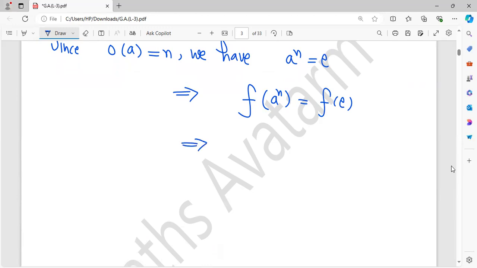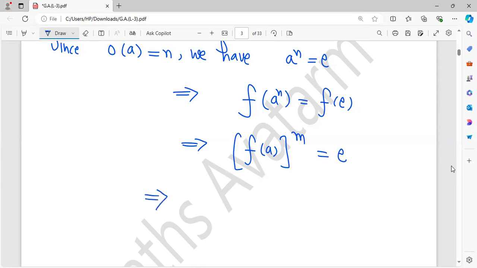This is nothing but f(a) to the power n, because for any natural number it becomes this one. And this will be mapped to identity. So now f(a) is an element in G, and raising it to the power n gives e.